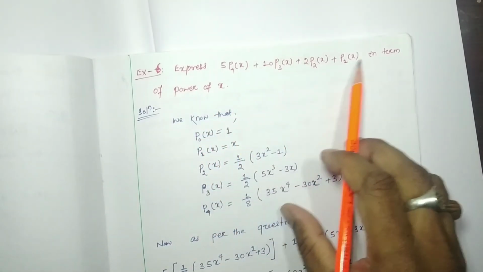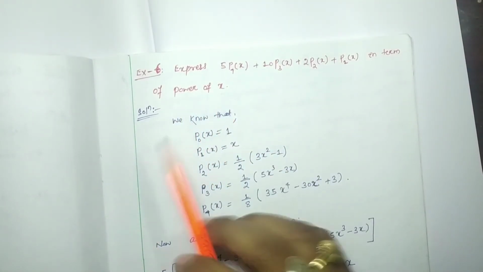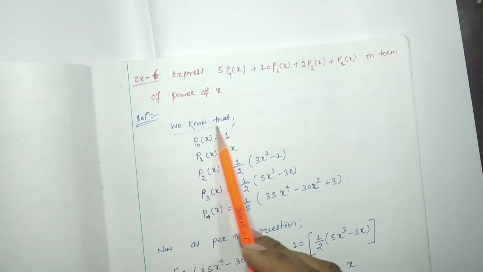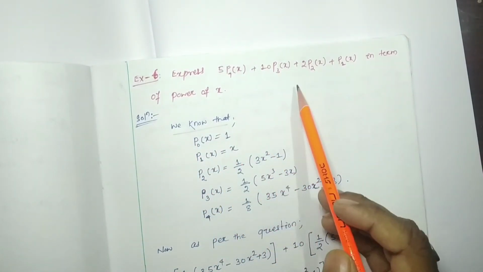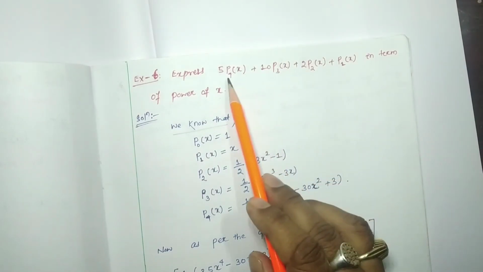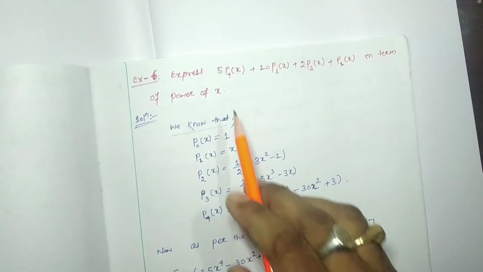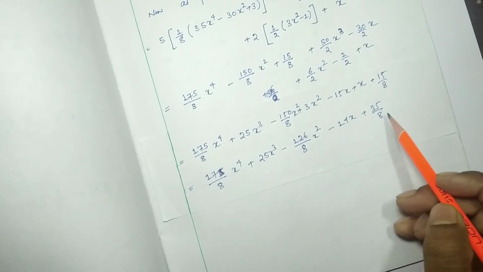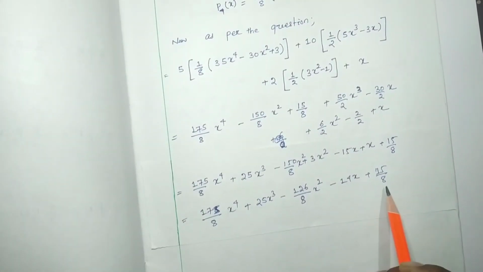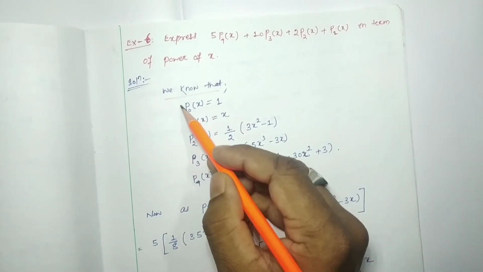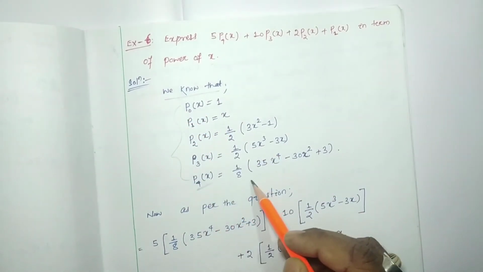Express this one in terms of powers of x. See, here also I have written that we know P0(x) is this one. Here we just have to put the values of P1(x), P2(x), P3(x), P4(x) in terms of x, and do the simplification, and we are going to get the final answer. For this case also, what I told, up to P4 you have to remember.